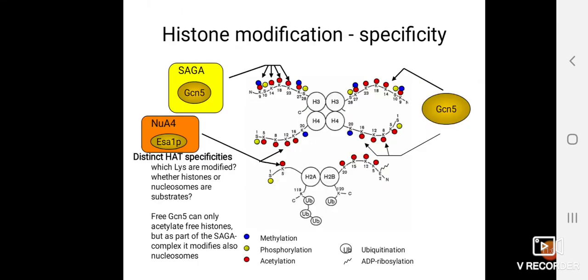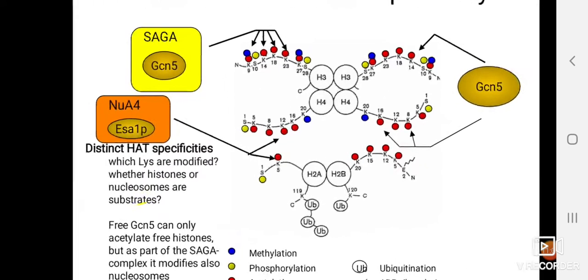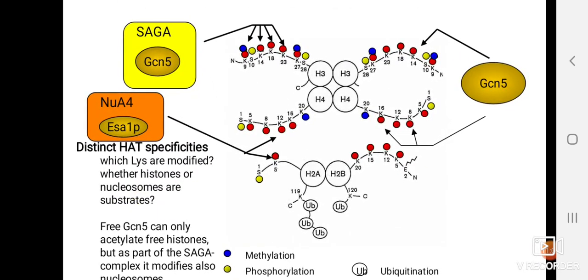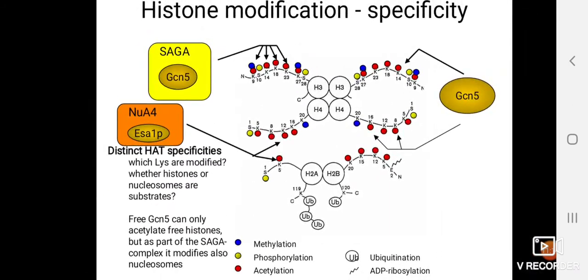Histone modification is a highly specific process, so it's not like everything modifies everything. You can see these histones sometimes are freely involved in the modification, and sometimes are part of another complex that carries out the modification.